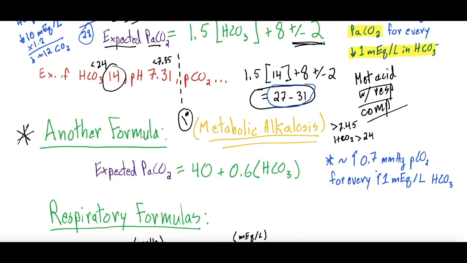There we go. So if the primary disorder is a metabolic alkalosis, then what you would be looking for is, do you have appropriate respiratory compensation? And we know that high CO2 induces more acidosis.